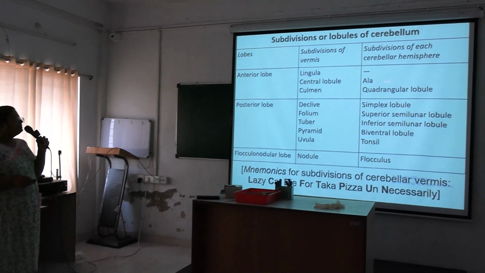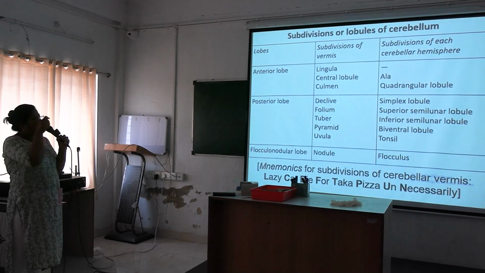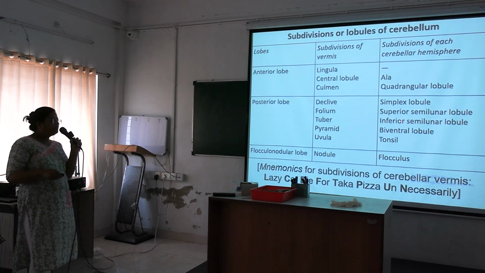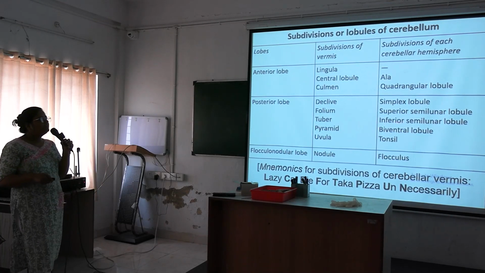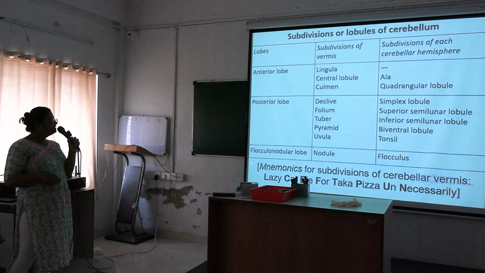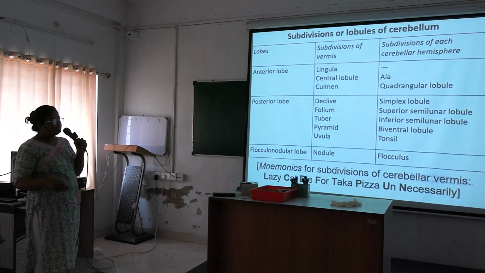Then central lobule, ala, and culmen is the quadrangular lobule. Next, in the posterior lobe, declive, near it lies the simplex lobule, then folium, superior semilunar lobule, tuber, inferior semilunar lobule, pyramid, biventral lobule, uvula, tonsil, and the flocculonodular lobe, where nodule corresponds to the flocculus.